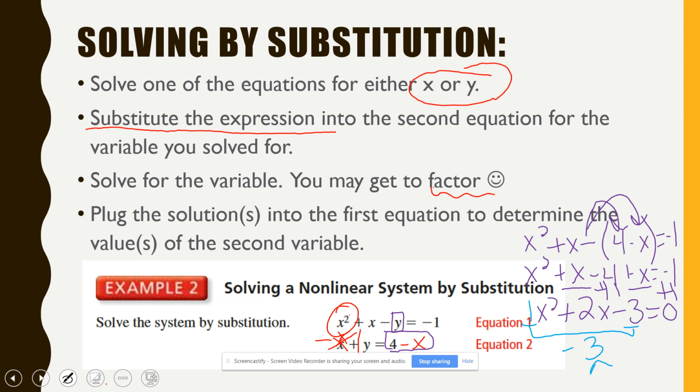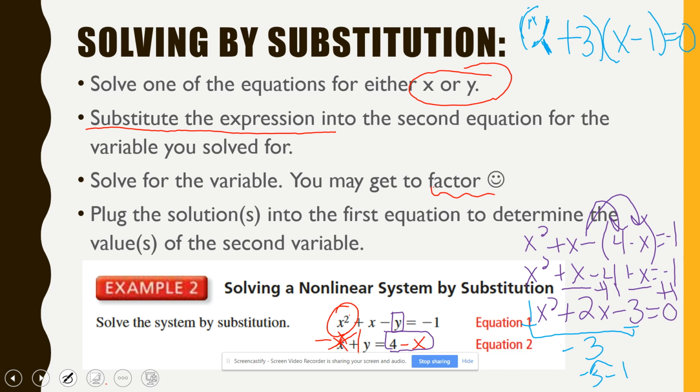The two factors of -3 that add to +2 are 3 and -1. So when I do my preferred factoring method, I get x plus 3 and x minus 1 is equal to 0.